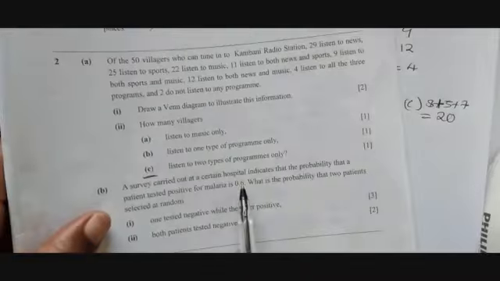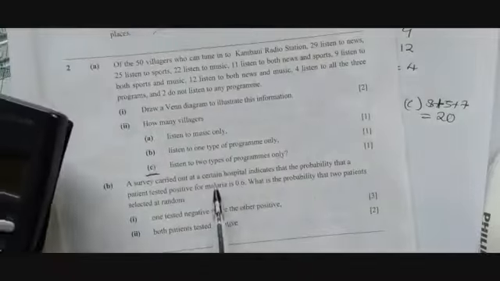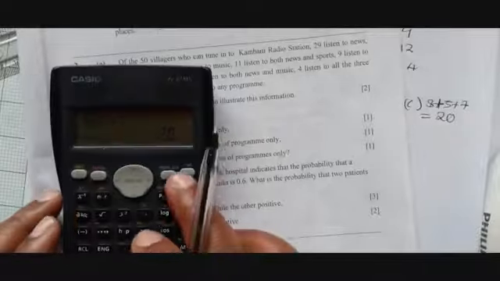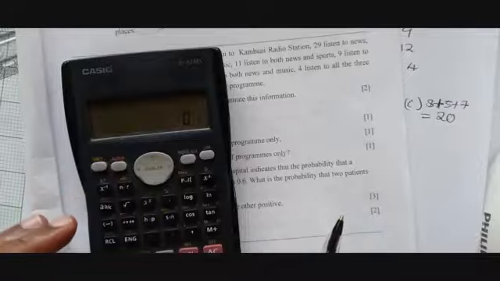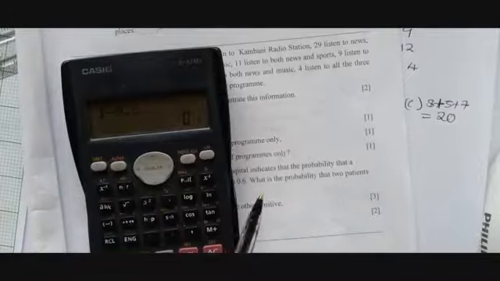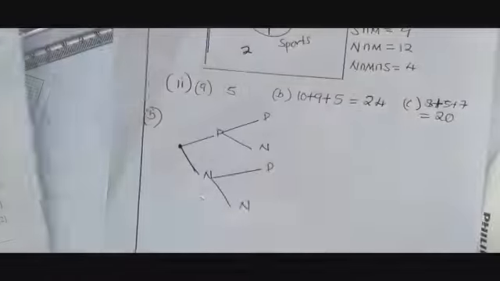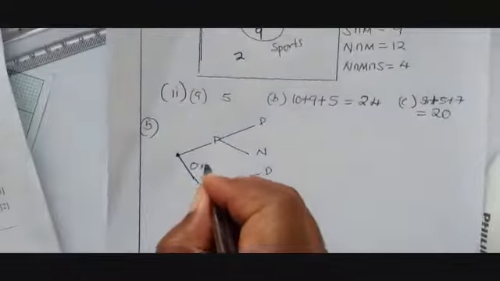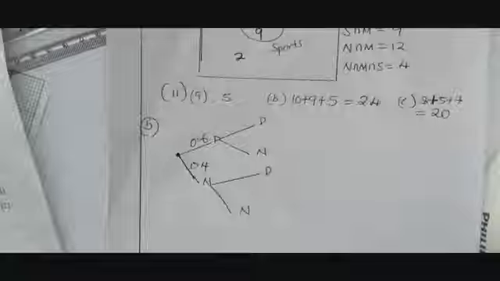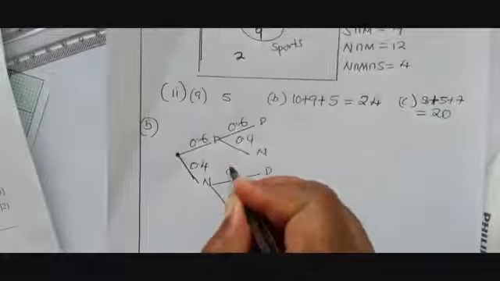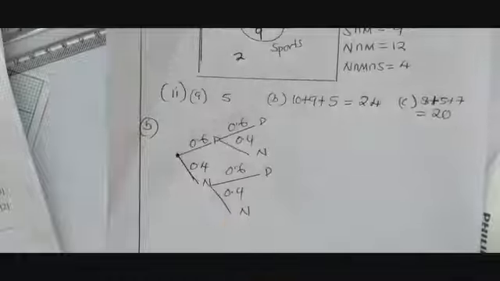The probability of testing positive is 0.6. Now, what's the probability of testing negative? You're going to say 1 minus 0.6. You get 0.4. Here I've got 0.6. So you repeat these probabilities: 0.6, 0.4, 0.6, 0.4 there.